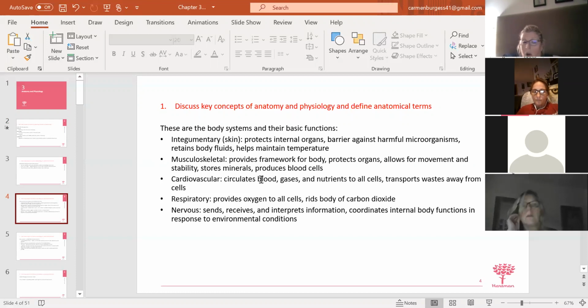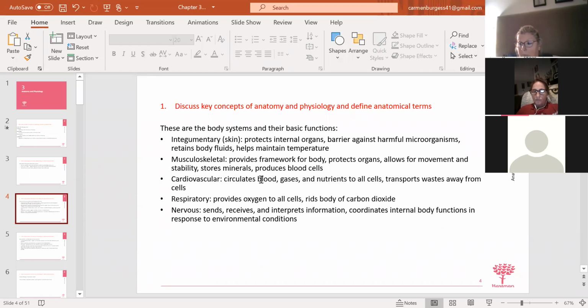So cardiovascular and respiratory go hand in hand. Respiratory provides the oxygen to the cells and gets rid of the carbon dioxide, but how does it do that? Through your cardiovascular system, right? Because it's carrying it. So those two are going to go hand in hand. You'll see that a lot. Are y'all good with those two?